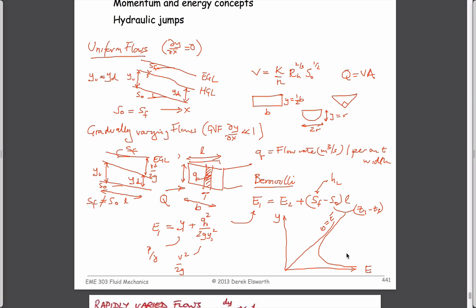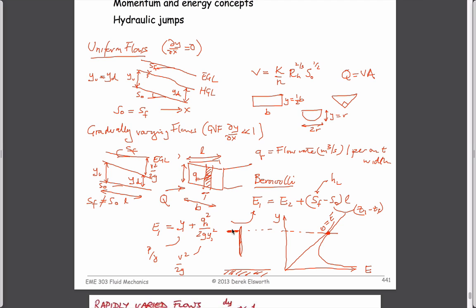And so what this says is that if you have a particular depth in your section, which for instance might be behind a sluice, so this is what I'm going to draw here. This is the bed of the river. This is a sluice that you have upstream. And the water level you have behind this is this. Then this is the amount of energy that would be present within that flow.